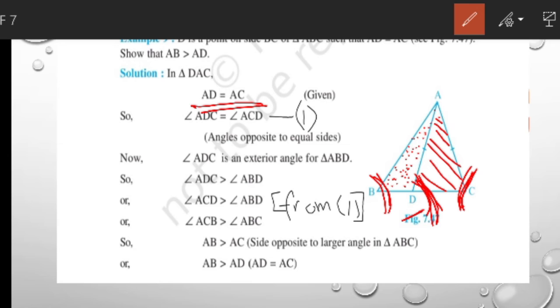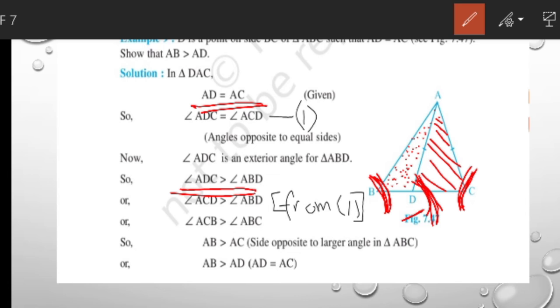Here I am considering angle B. So angle ADC is an exterior angle of the dotted triangle ABD. Since it is an exterior angle, we can say angle ADC is greater than angle ABD.